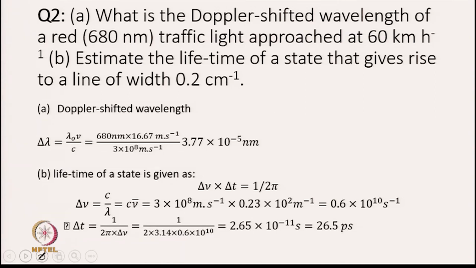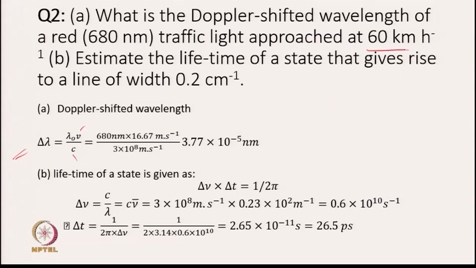So, your Doppler shifted wavelength can be calculated from the Doppler effect. Delta lambda is equal to lambda 0 into v by c. V is the velocity of source and c is velocity of light.